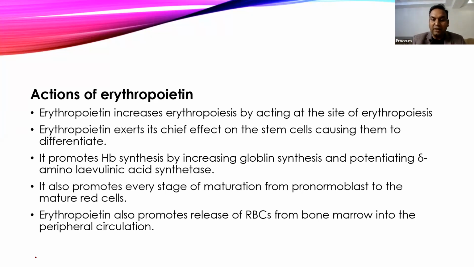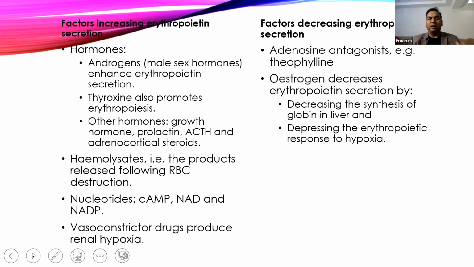Normoblast and erythroblast are the same. And not only that, it also promotes the release of the RBC from bone marrow into the blood. The name normoblast is given because there is another erythropoietic mechanism we'll discuss.